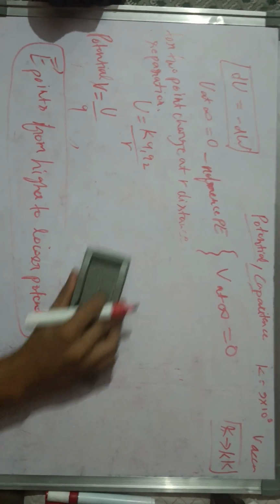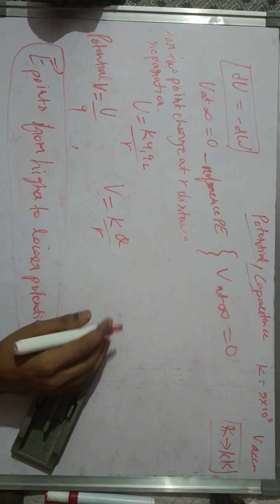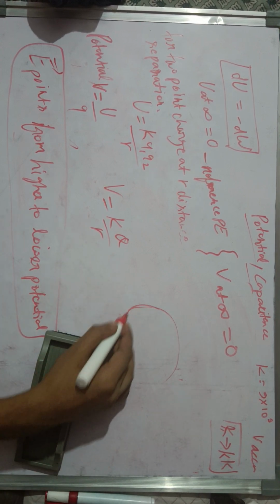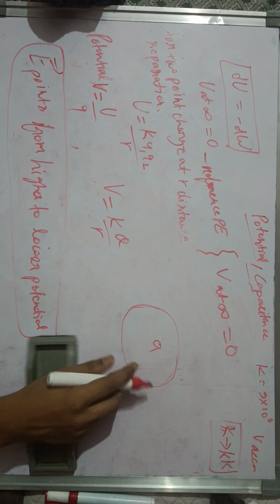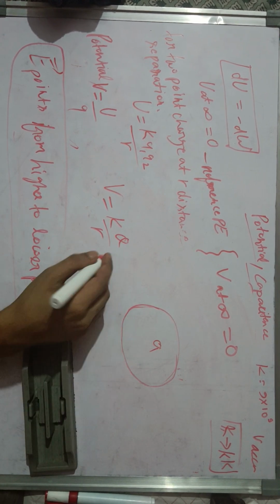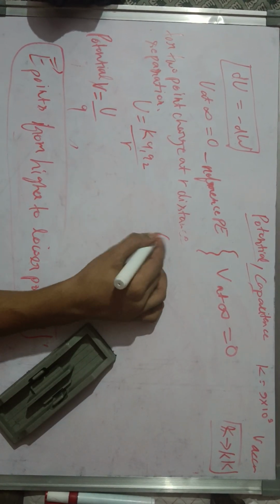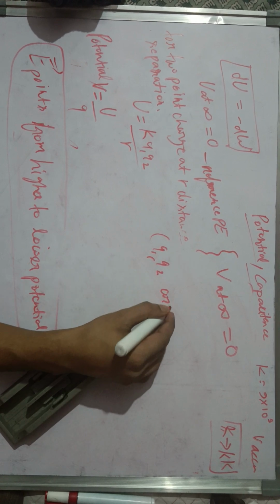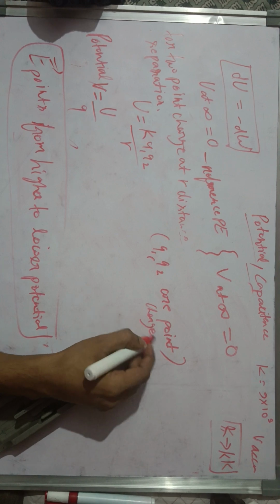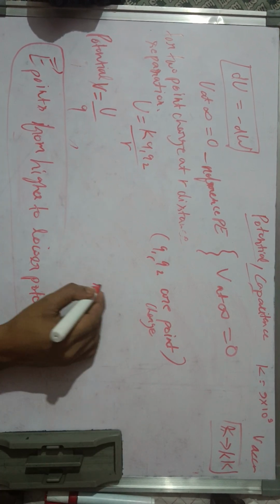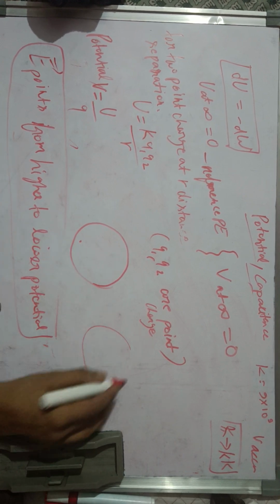Now we find that potential is equal to kq over r. If there is any body having charge q, this is for point bodies. There is one more condition here: q1 and q2 must be point charges, or maybe q1 is a sphere, solid or hollow, uniformly charged.